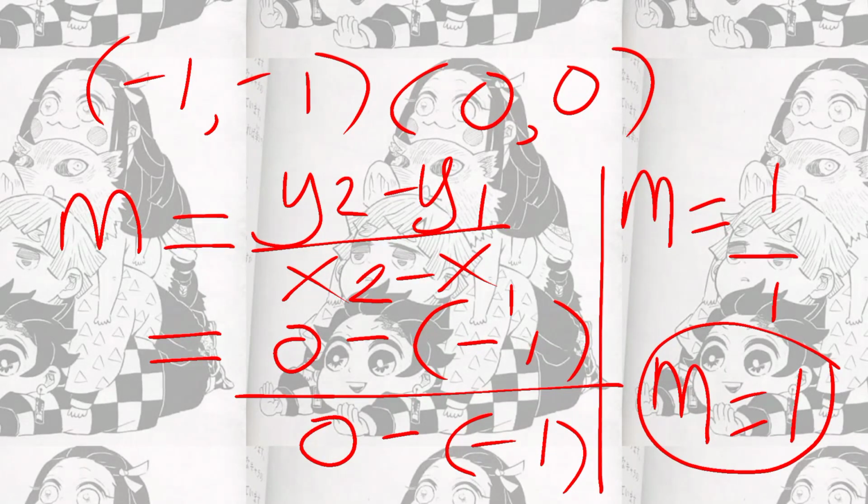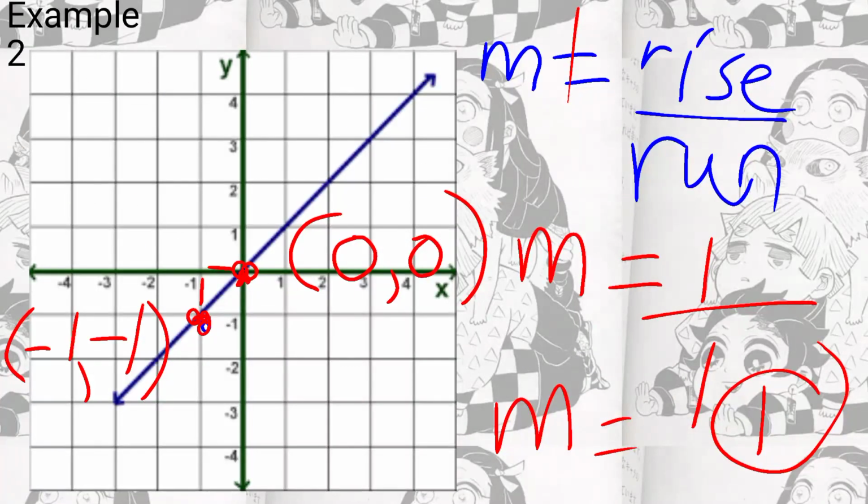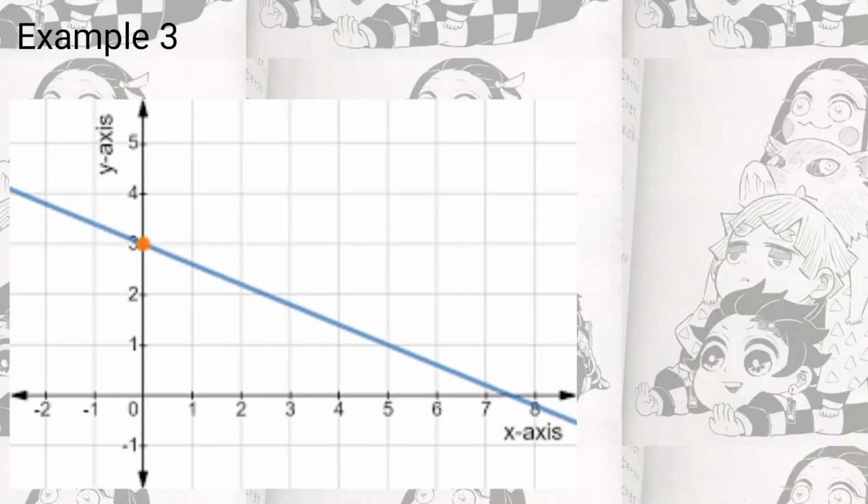And the line, or the graph of the line na makikita ninyo sa graph, ay it rises to the right. Third example, since nakikita ninyo yung orange dot na yan, we can start there sa point na yan. At ang coordinates ng point na yan, since nasa y-axis siya, ay (0, positive 3).